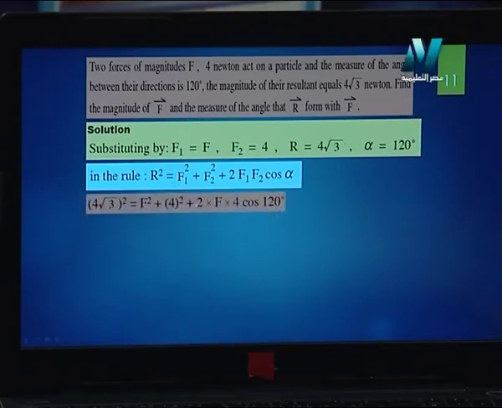We have here R equals 4 root 3 power 2 equals F power 2 plus 4 power 2 plus 2 times F times 4 cosine alpha, which is 120 degrees.